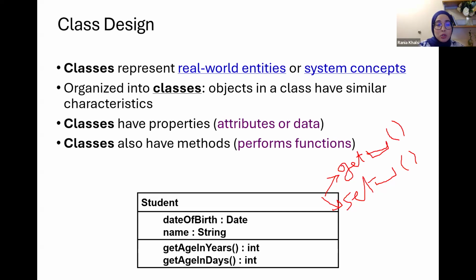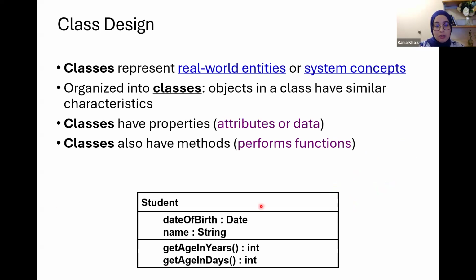Just keep in mind, because you will always see get something or set something and so on, okay? I want to let you know or remind you of this information, because later you will always see this get and this set, okay?